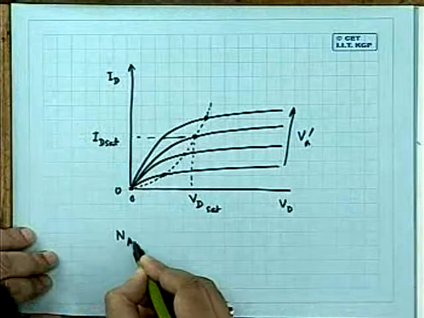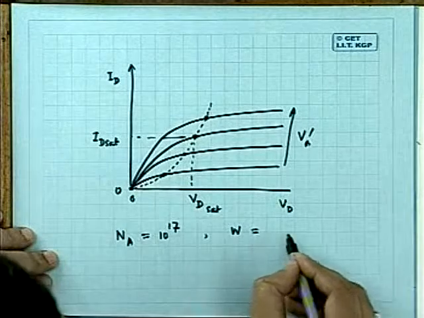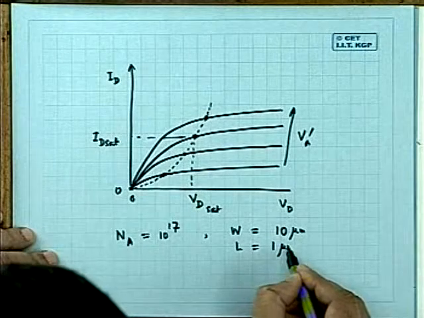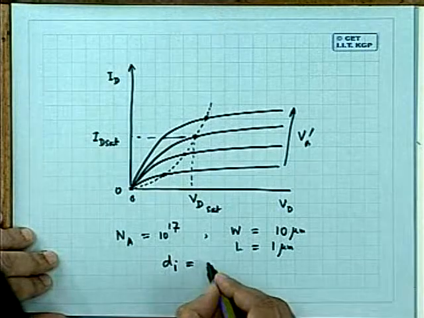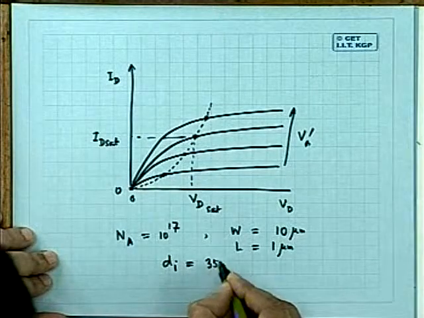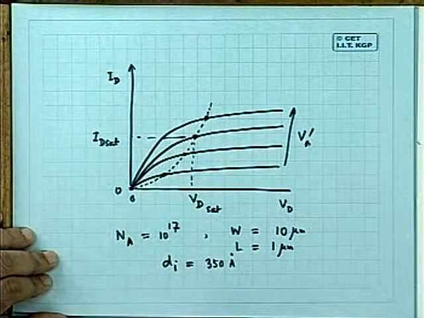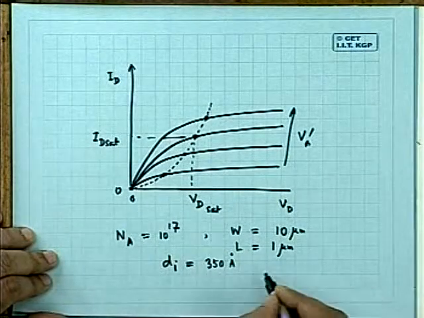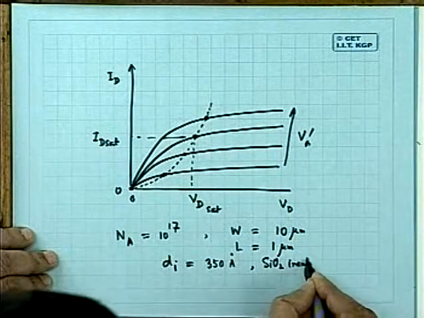After the examination you attempt it. You assume Na is equal to 10 to the power 17, W is equal to 10 micron, L is equal to 1 micron, thickness of the dielectric is 350 angstrom. I am not going to very small devices. Say dielectric constant is 4, that means silicon dioxide insulator. Which else you need?